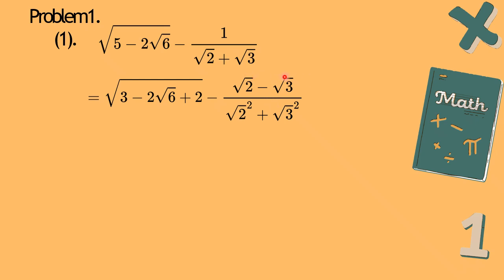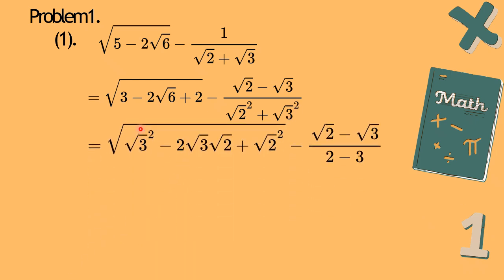So the top will be the same, but the bottom will get into the formula, the square of the square root of 2 minus the square of the square root of 3. And then for 3 we can write it as the square of the square root of 3, and the same for 2. And we can separate the middle part as 2 square root of 3 multiplied by the square root of 2.